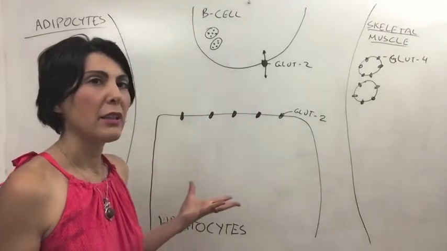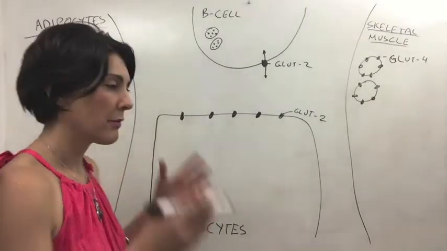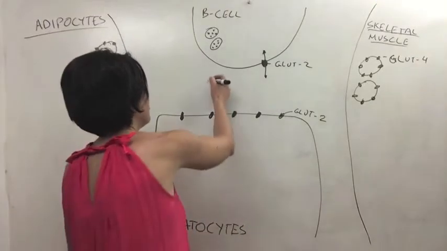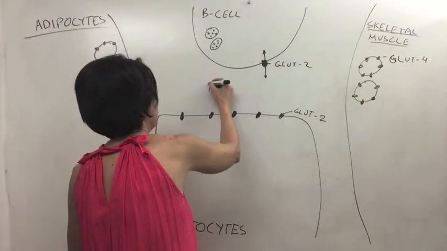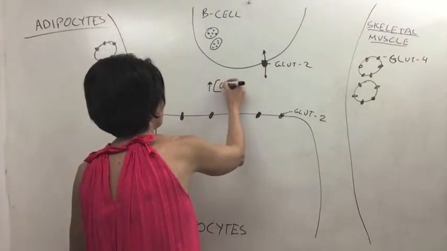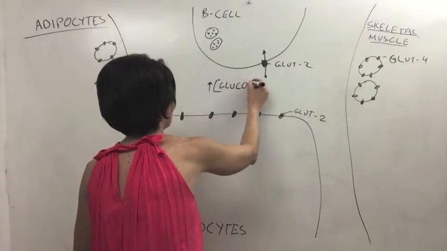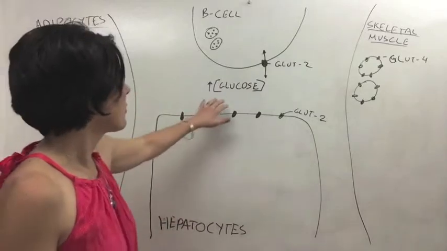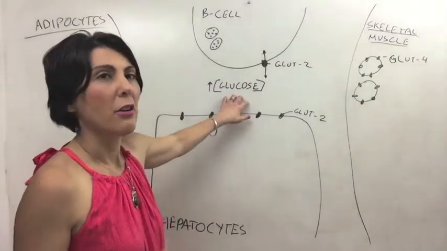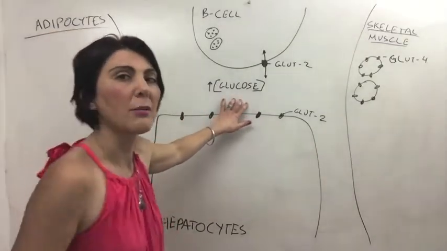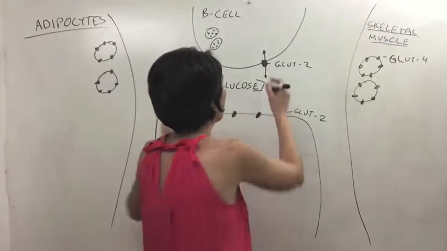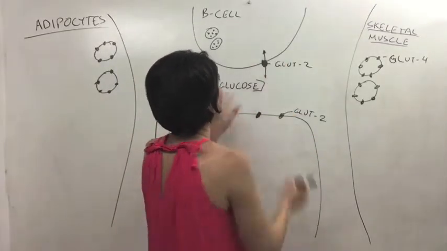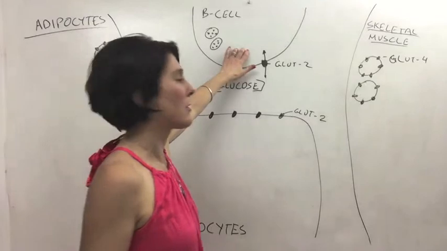Okay, so say you were doing a glucose tolerance test. You will drink some glucose in liquid form. Your blood glucose concentration will increase. Because the concentration in the extracellular fluid in your circulation is going to be higher, glucose is going to move into the beta cells.